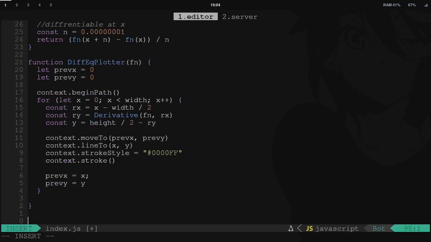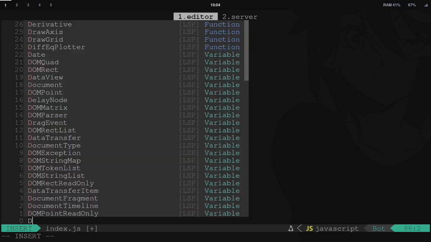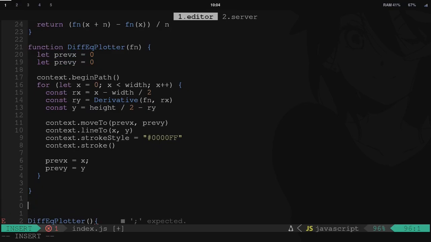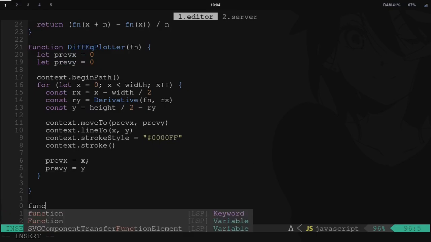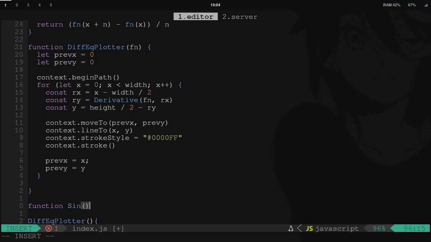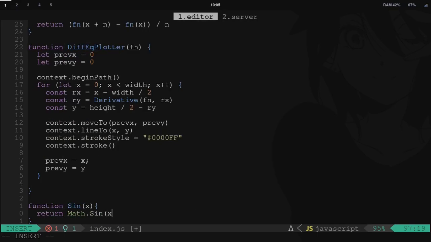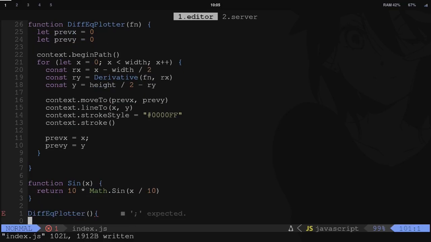But if you know the derivative of sin x is cos x, so if I have a function sine that takes in x and returns math.sin of x on 100, like x on 10, we are actually separating the things, and let's go 10 times sin x.